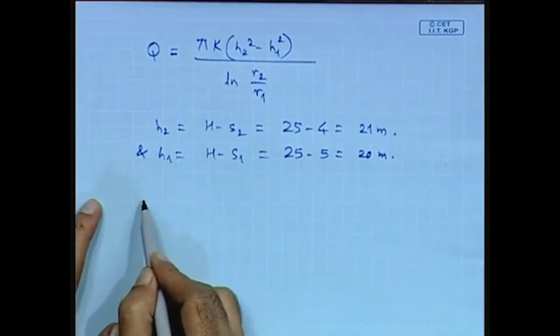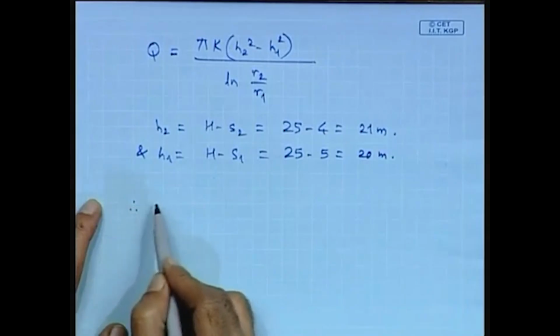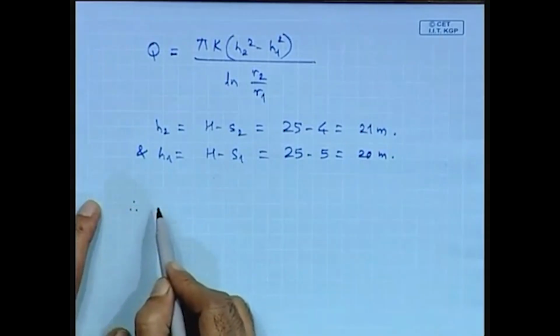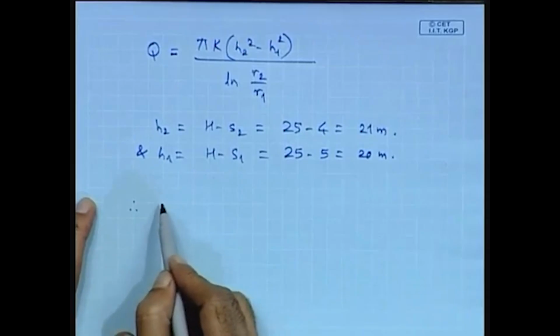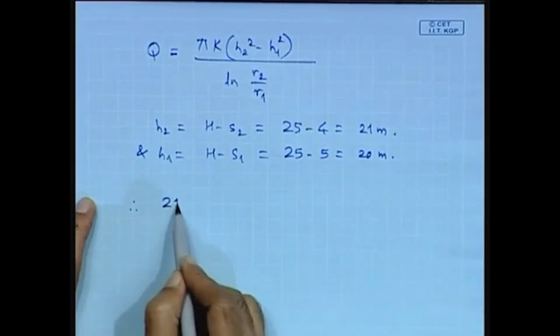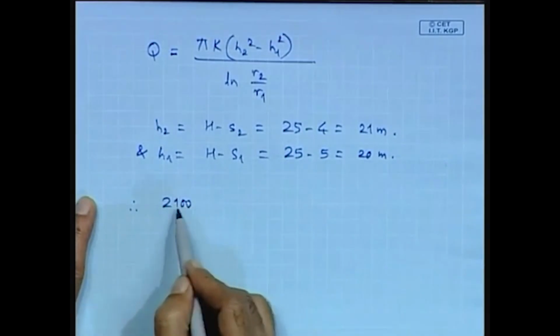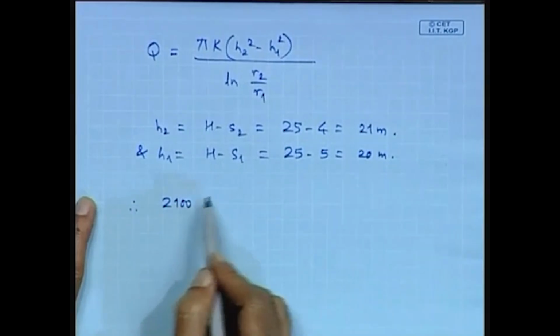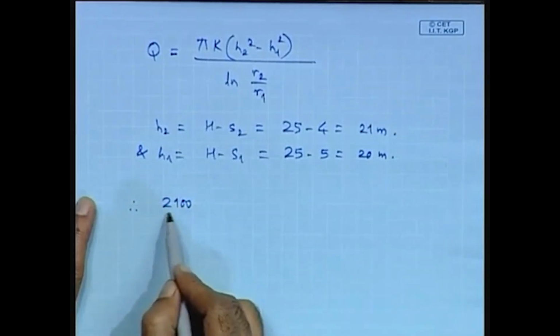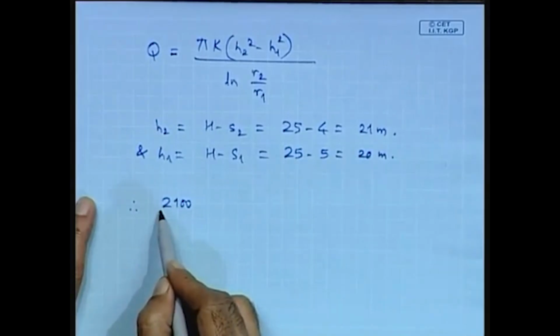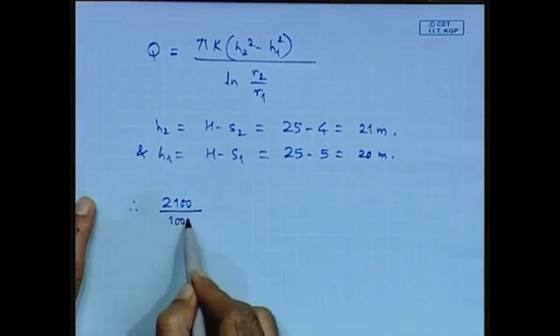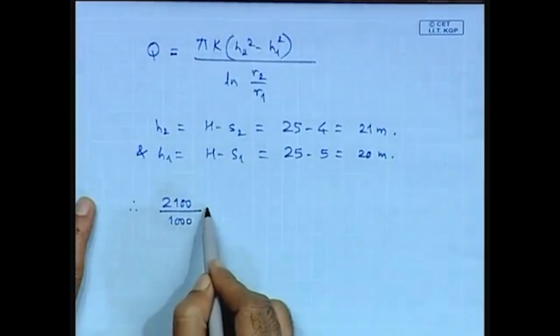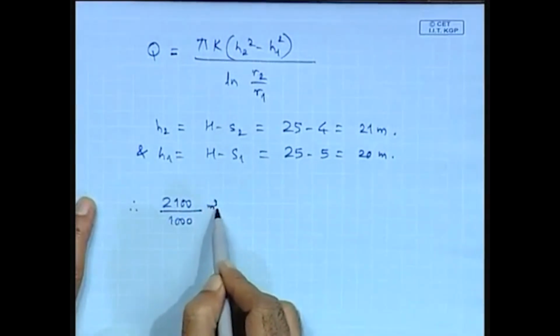So, let us substitute the values. Therefore, this Q, which is given in liters per minute, that is 2100, let us convert this into meter cube, so divided by 1000, so this will be meter cube per minute.